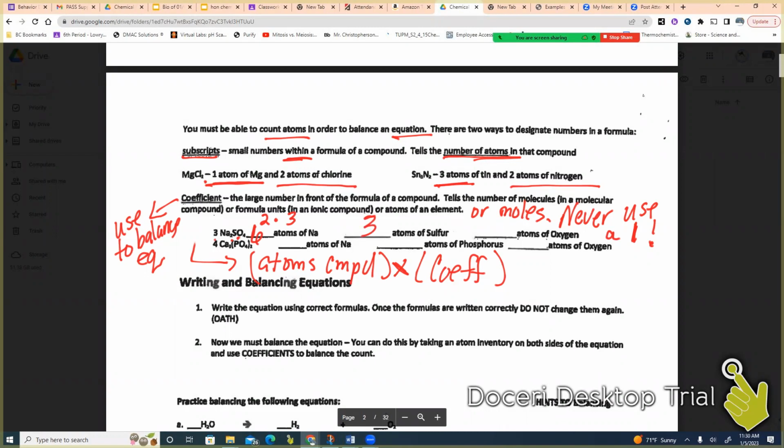And then my oxygen, subscript of 4. 4 times 3 would give me 12. Now y'all try that next one, and instead of atoms of sodium, it should be saying atoms of calcium. So find out how many atoms you have within the compound and then multiply that by 4.